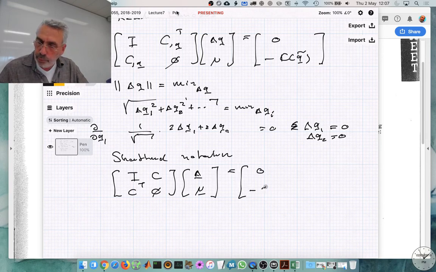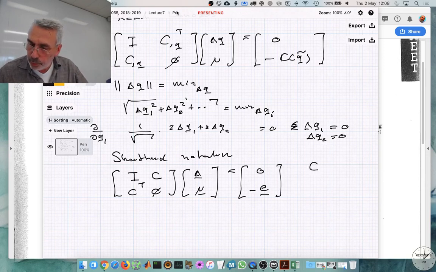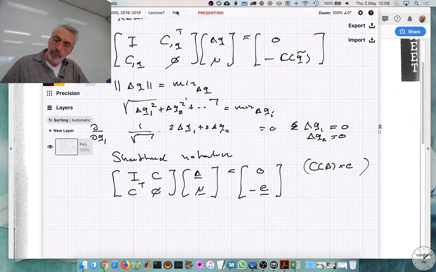0, and here I have an error, minus E. And what was the error? Remember, if we fill in C delta, we get this error. So that's to remember, and we want to get rid of that error. Can we solve this equation?